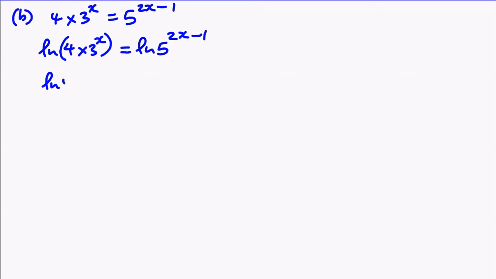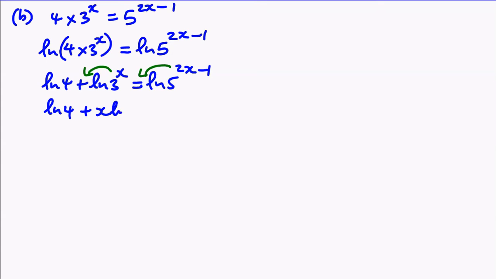So you have ln 4 plus ln 3 to the power x is equals to ln 5 to the power 2x minus 1. Bring that to the left, that to the left. You end up with ln 4 plus x ln 3 is equals to 2x minus 1 ln 5.